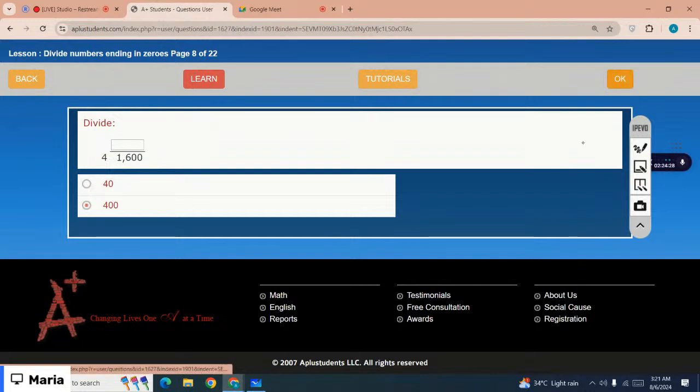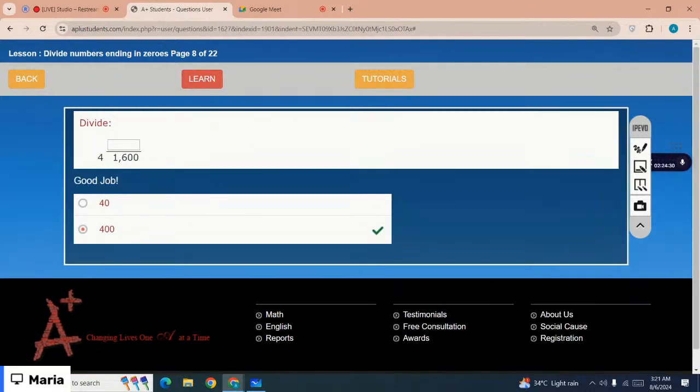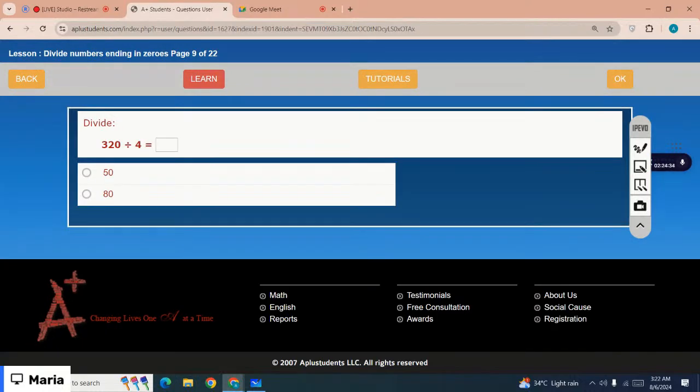Option number 2 is the correct option. 320 divided by 4, which is the correct option?